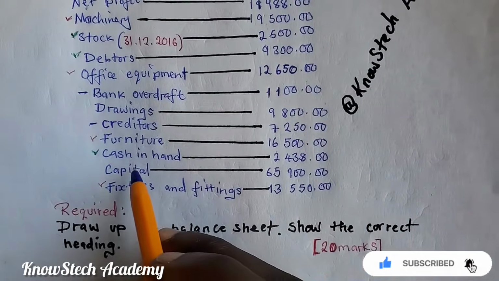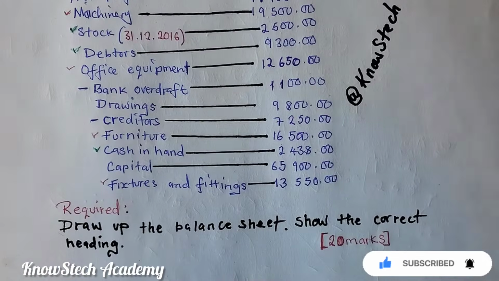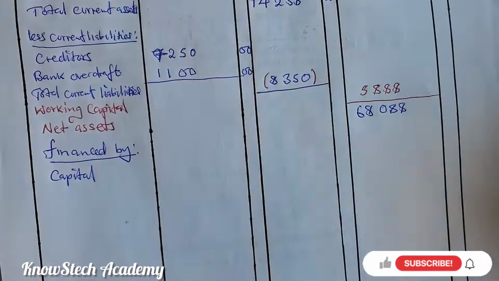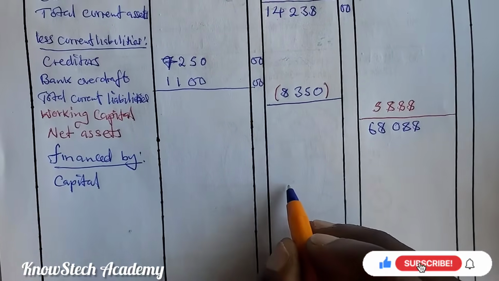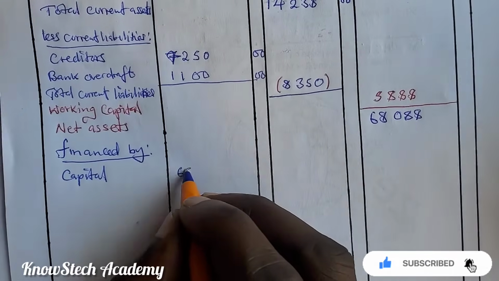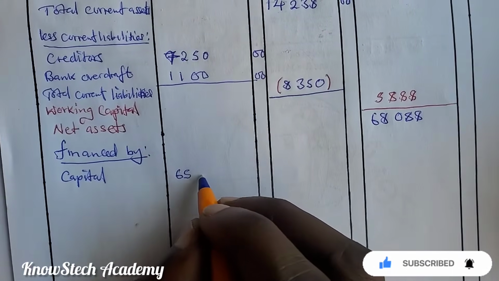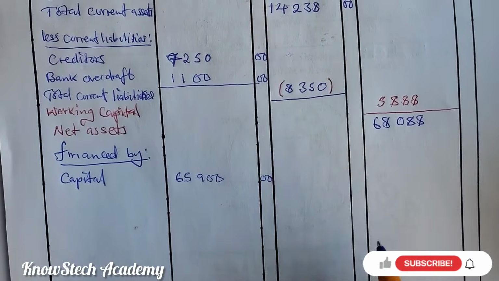Yes, we have capital here as 65,900. So let's just write it here: 65,900.